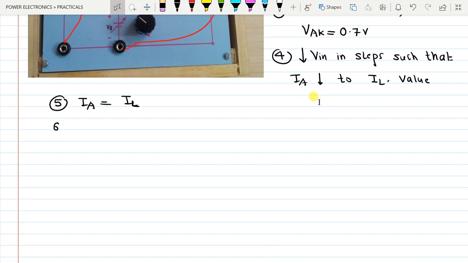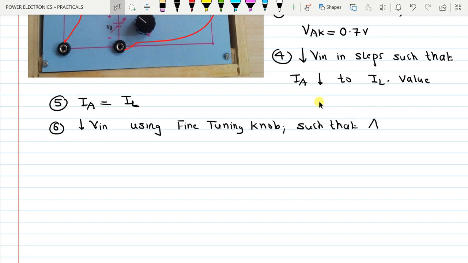Okay. Sixth step is reduce V in using the fine tuning knob such that the change in device current is equal to only 0.1 milliamperes. Okay.